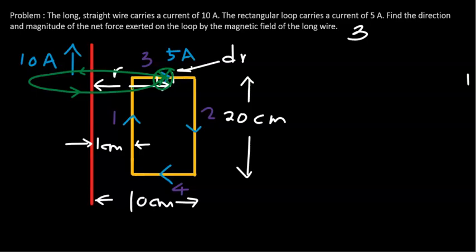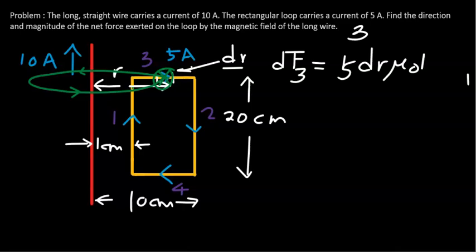The force on that tiny element, let's call it dF, situated on side 3 of that loop, is given by the current in that loop, which is 5 ampere, the length of that element, which is dr, and the magnetic field at that element, that is given by mu naught, the current in this long wire, which is 10 ampere, over 2 pi, the distance between that element and the long wire, which is quite simply r.